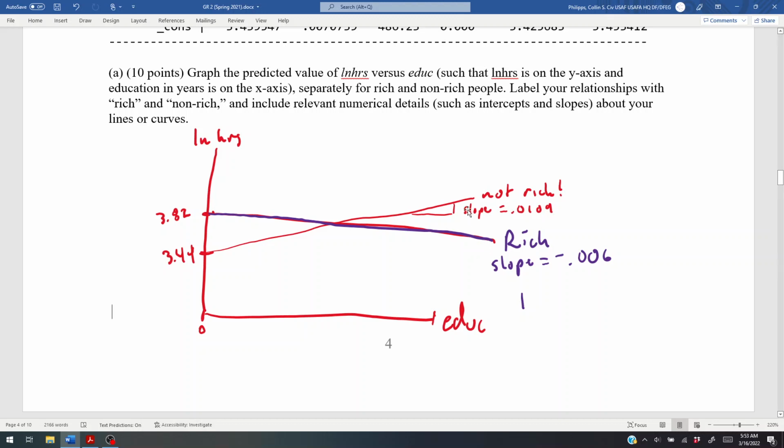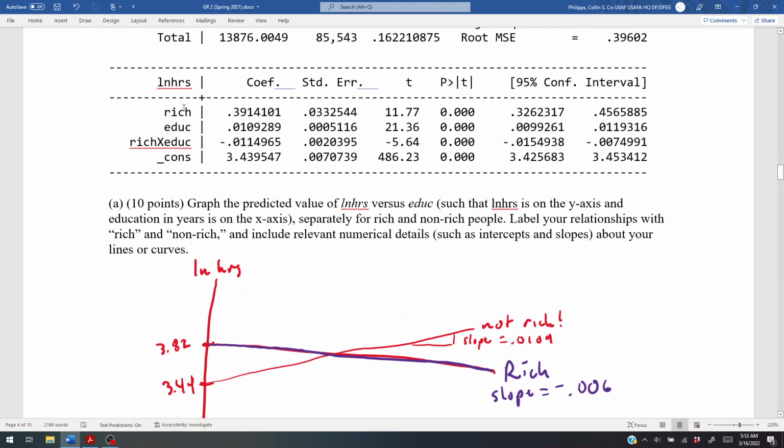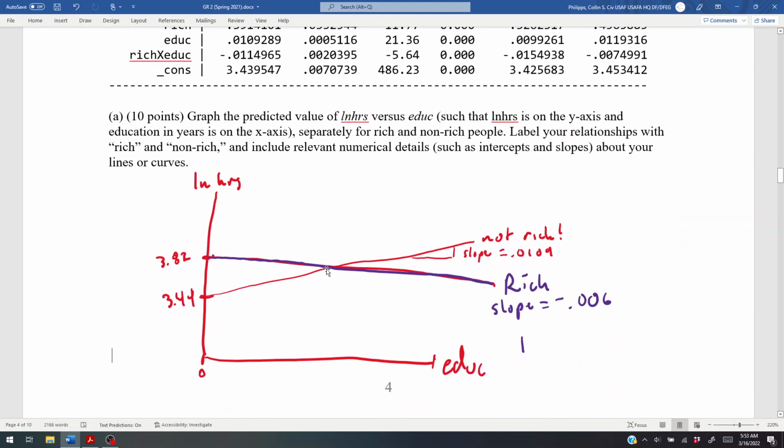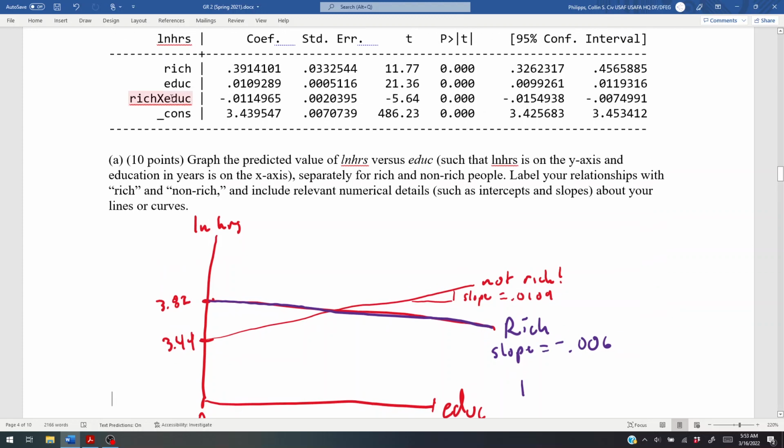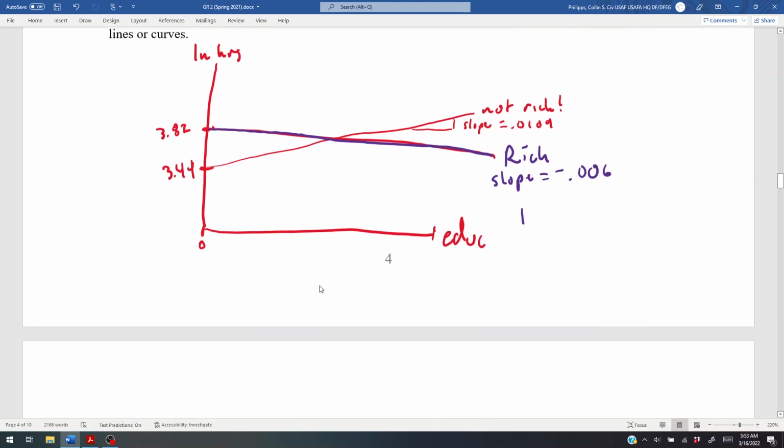If you're curious about where they actually cross, it's a very simple problem to solve. Try to figure that out. See if they cross within the sample, or if it is outside the sample. Do you need more than 20 years of education before the rich and non-rich lines cross? Or do rich people work more hours all the way through? It's hard to say.